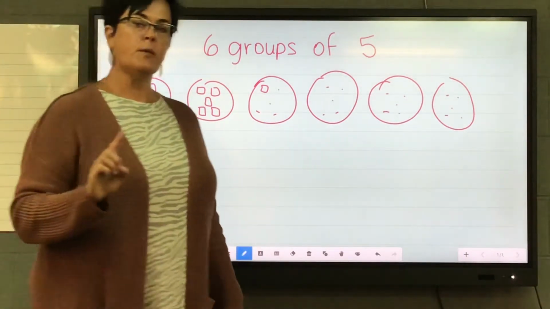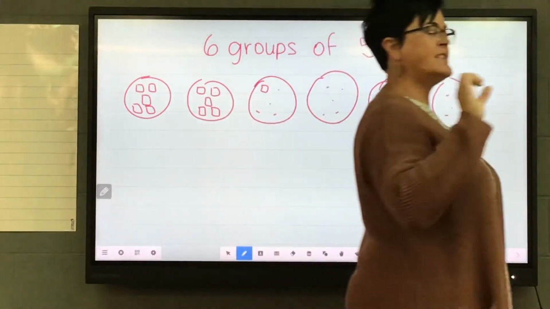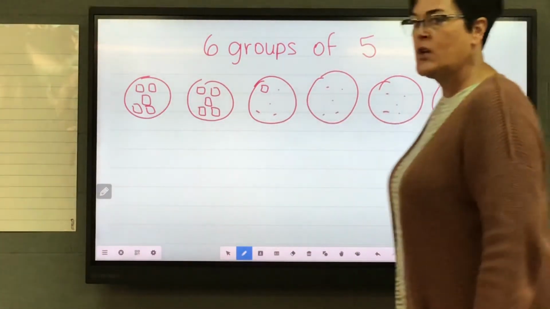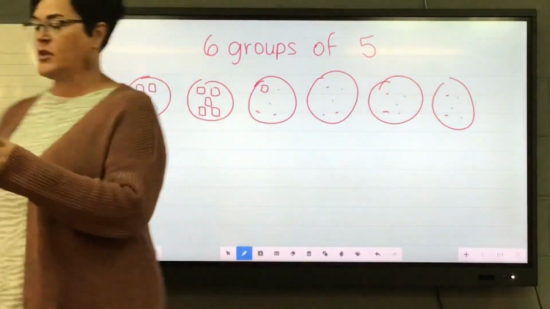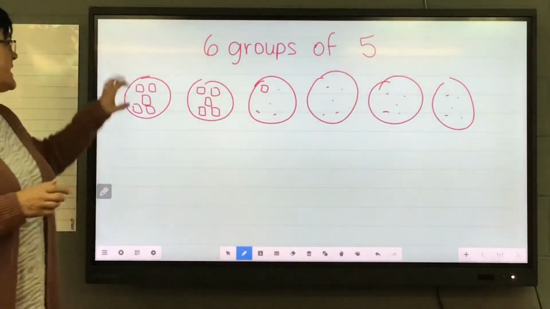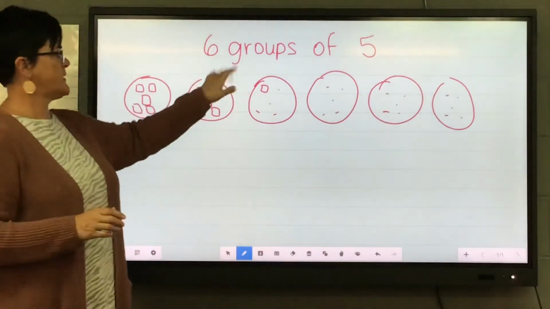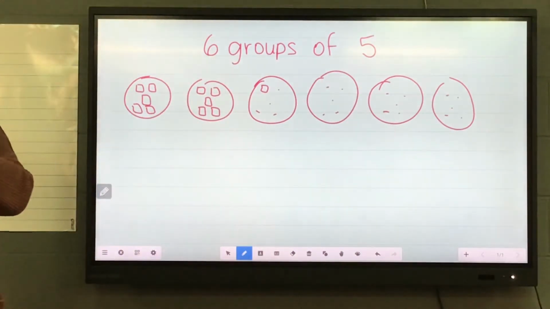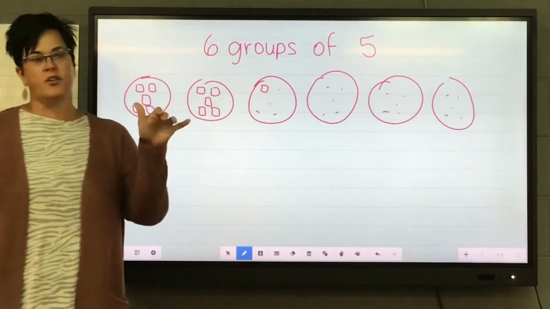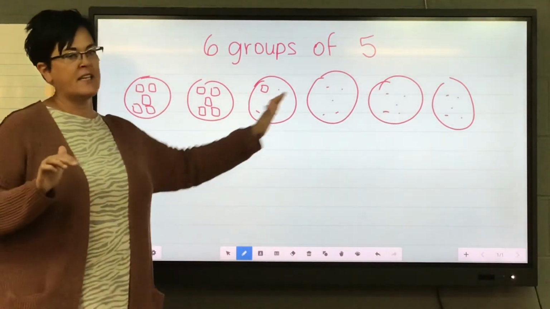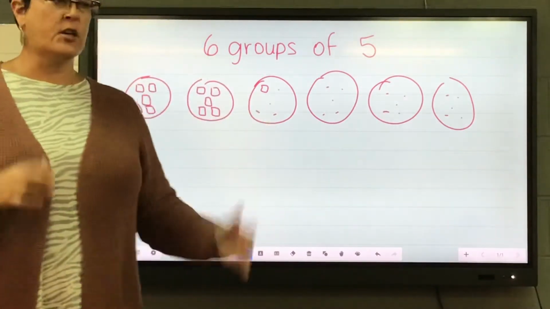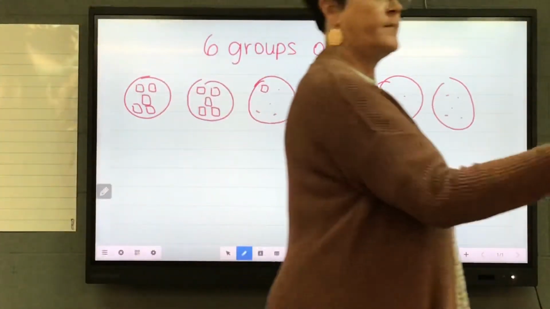However, what would be the repeated addition sentence that goes with what you just created? It's like saying this plus this plus this plus. What would be that repeated addition sentence? Write it down on your desk. The repeated addition. Are you adding different numbers, or is it always the same number?